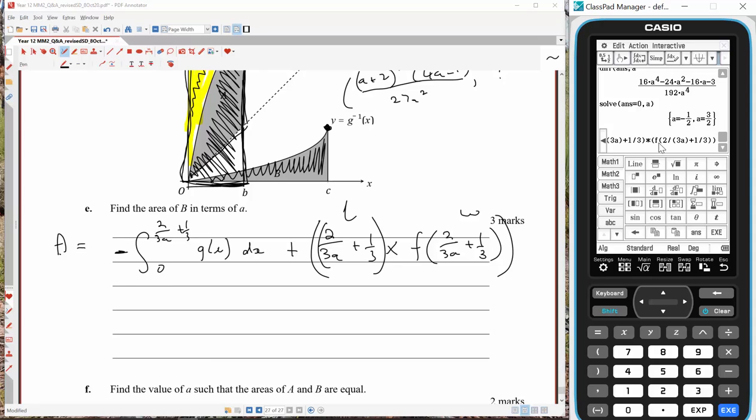A bit of faffing about here, but hopefully this does it. Pretty ugly. Obviously I've typed something wrong in there because there's an E in there. I wouldn't have a clue where that's come from.